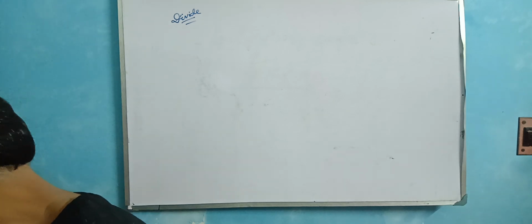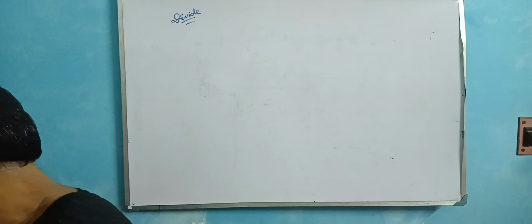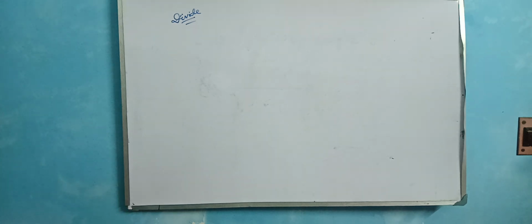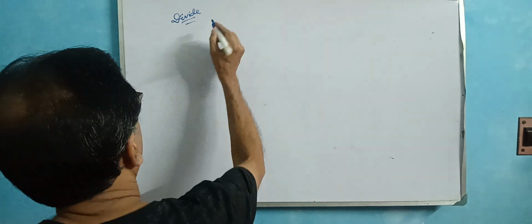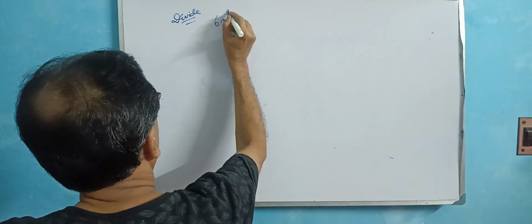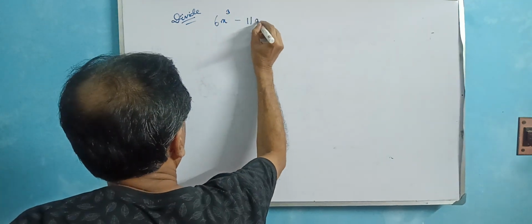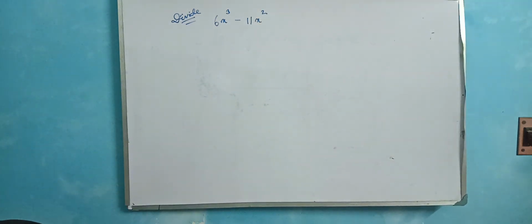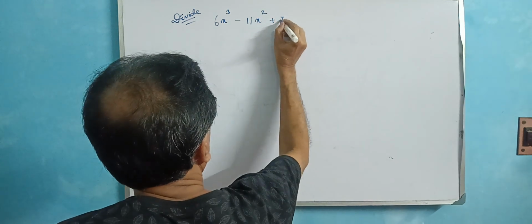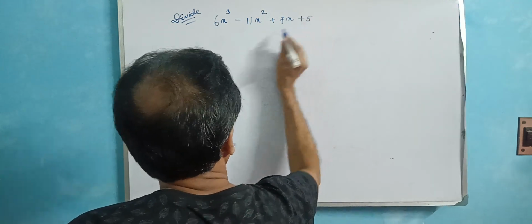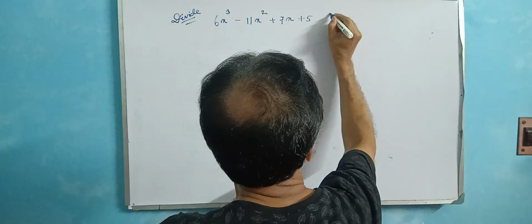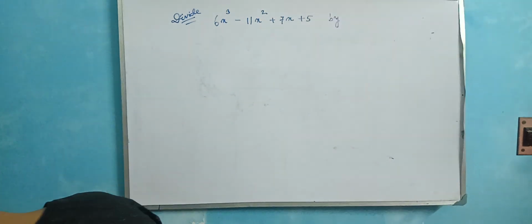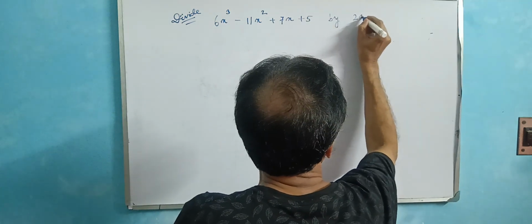Okay, 1 minute. Now I just copy the sum. Divide 6x cube minus 11x square plus 7x plus 5 by 2x minus 3.